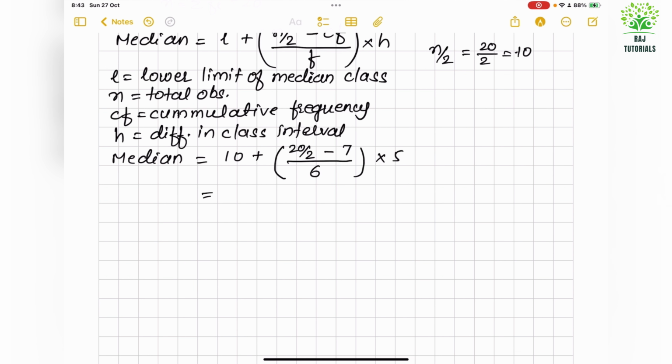So if I solve this, 10 plus 10 minus 7 will be 3. 3 by 6 into 5. So 1s are 2s are. So this will be 10 plus 5 by 2. 5 by 2 means it will be 2.5. So my median will be 12.5.